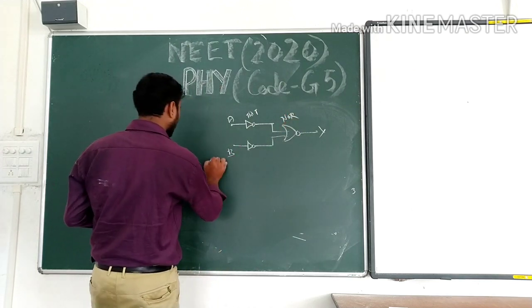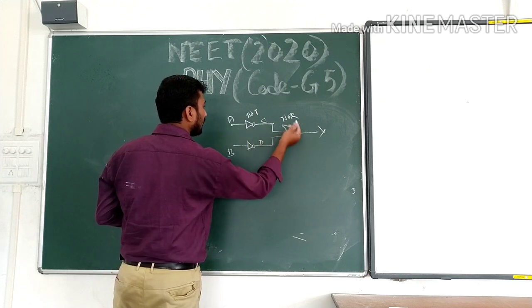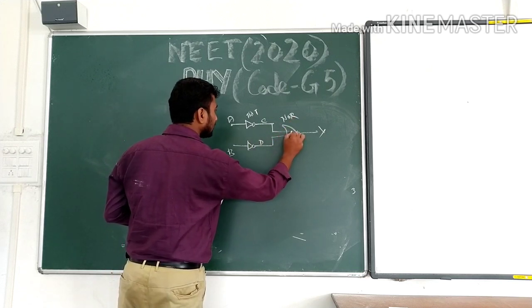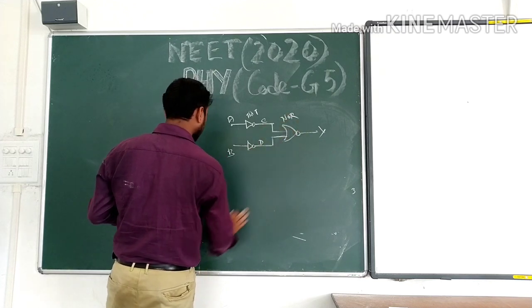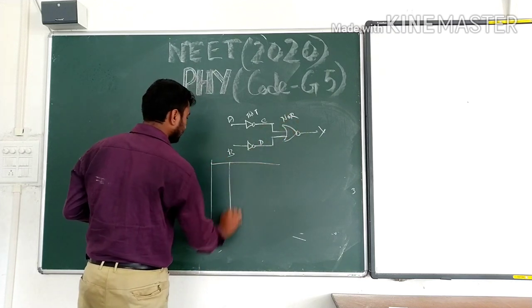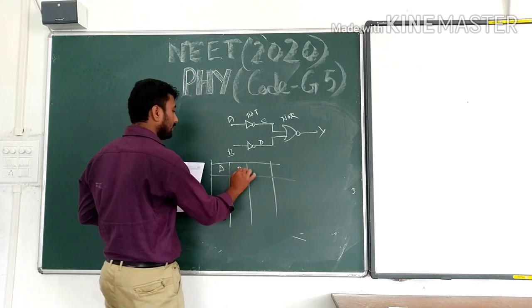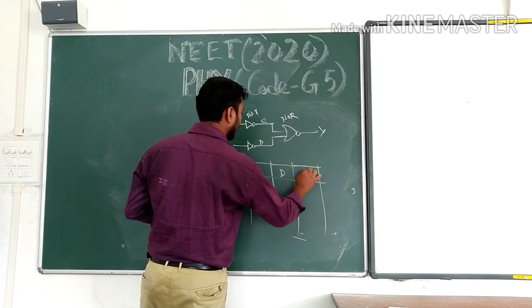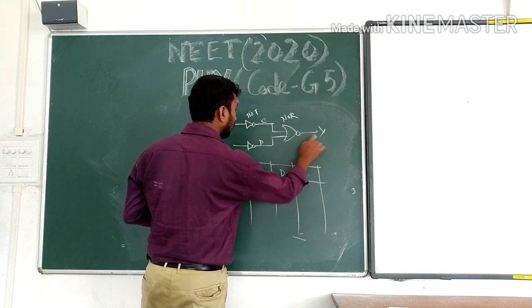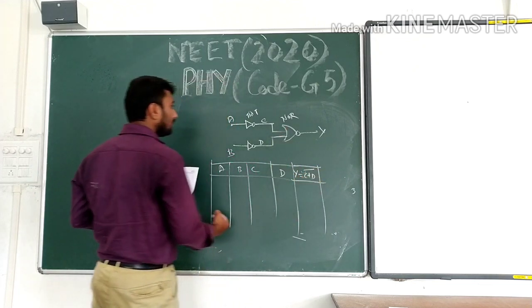So we have inputs C and D, and an OR gate in the middle, then NOT. So Y is the output, it will be NOR gate, C plus D bar.